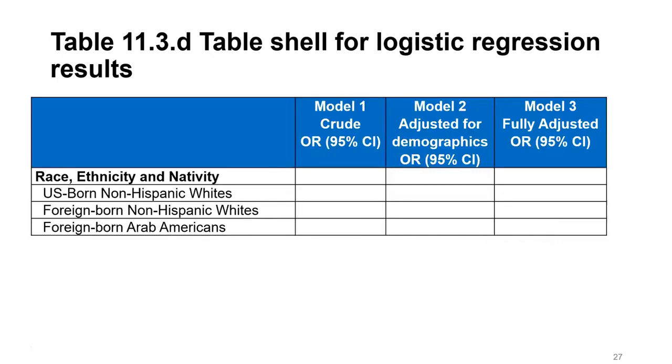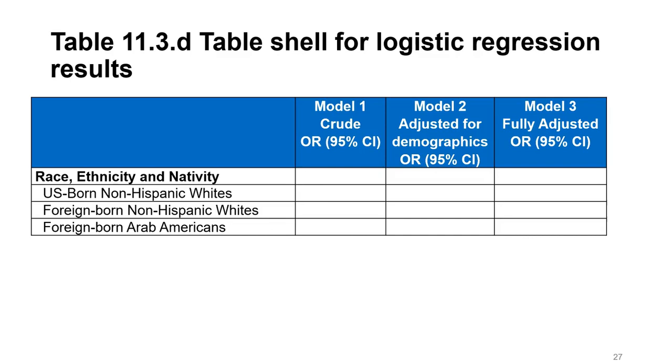Then Table 11.3.d is a table shell for logistic regression results. So here's an example of presenting odds ratios and 95% confidence intervals for our multivariable analyses. And so if we're looking at flu vaccine as an example here as well, and we wanted to look at foreign-born Arab Americans, we could compare them to U.S.-born non-Hispanic whites, and in a regression analysis we would get an odds ratio.